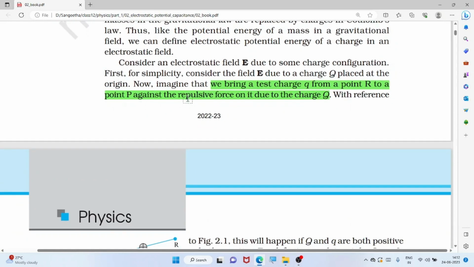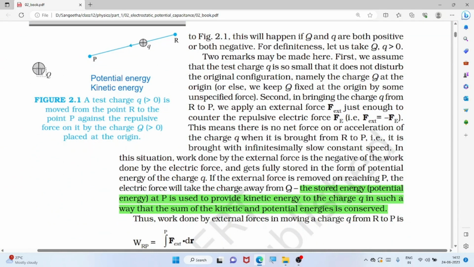Okay, we bring a test charge Q from point R to P against the repulsive force. So here this is a positive charge, and we are bringing a test charge that is also positive. Against the repulsive force, that energy is stored as potential energy on this charge.